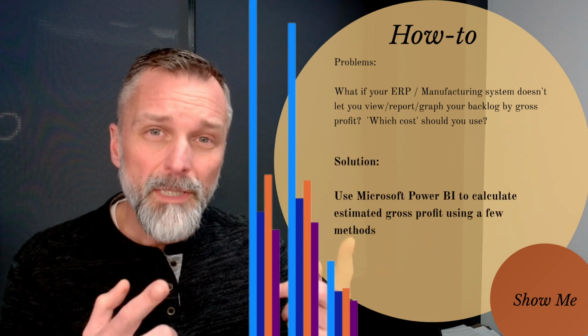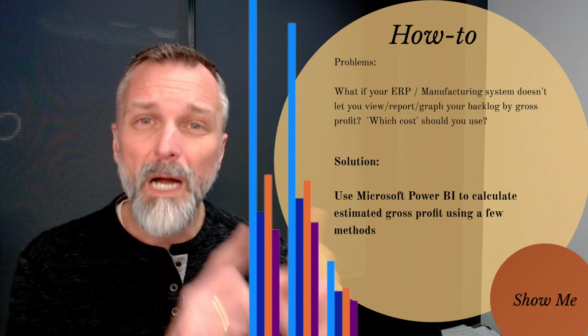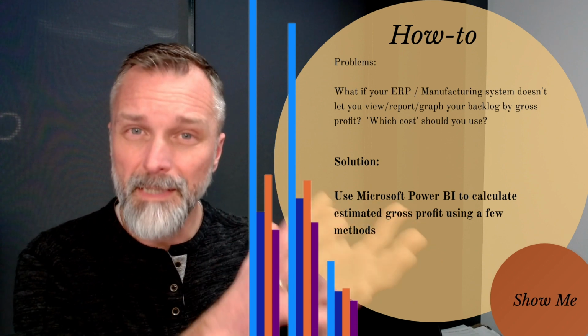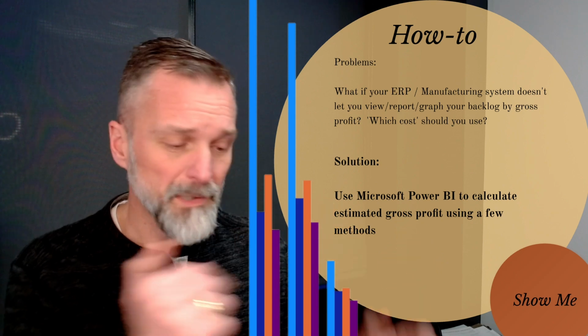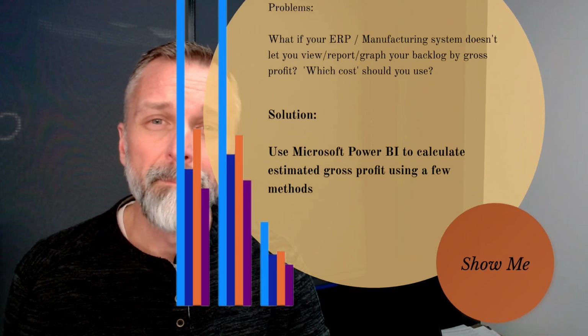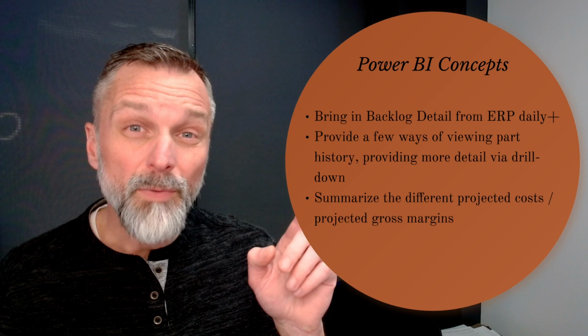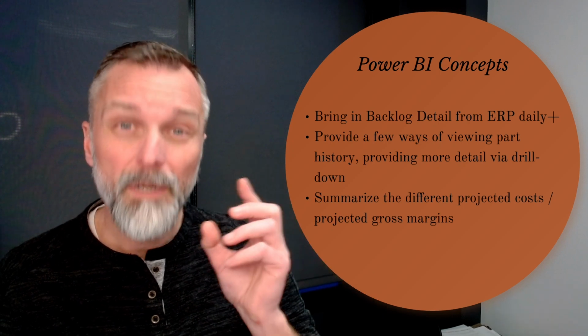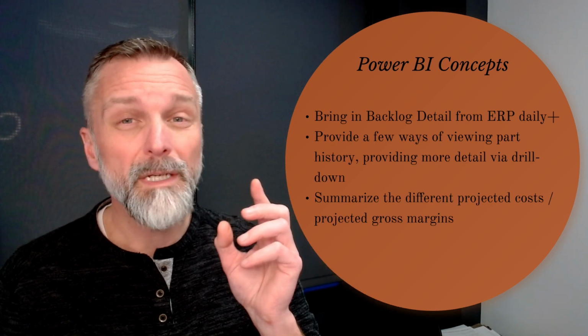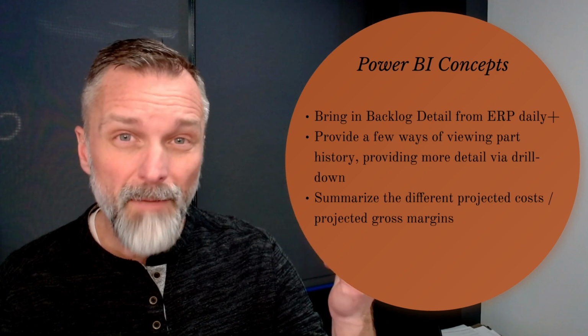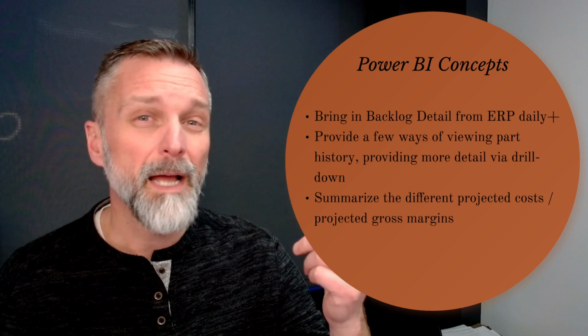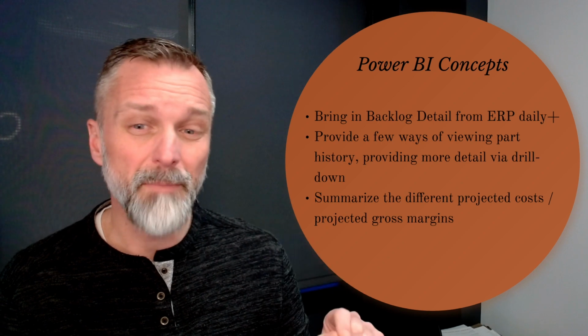Well, I think the solution I'm going to show you is how you can use Power BI to leverage your existing data and do those calculations in a very interactive way. So the main premise is we're going to use Power BI to pull both the backlog information from the ERP as well as your historical runs for the job or part and what those costs have been in the past.